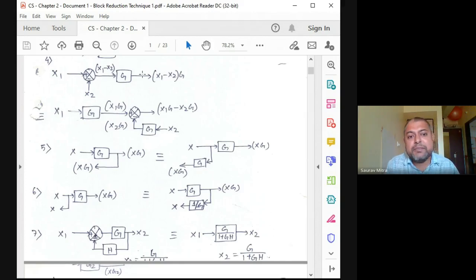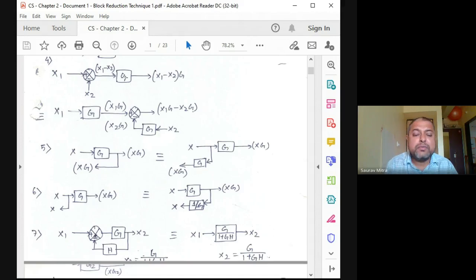So now you can find here, this g, if you are taking it before, this g also you have to take before the summing point and towards x2 also, because what you are finding is x1 minus x2, this superimposition is happening first, and then it is getting multiplied with g. So if you are shifting this g before the summing point, the same shifting has to happen inside of x2 as well. It should not only happen towards x1, the same thing should happen towards x2 as well. So then what we are finding is this one gain block had to be split into two gain blocks.